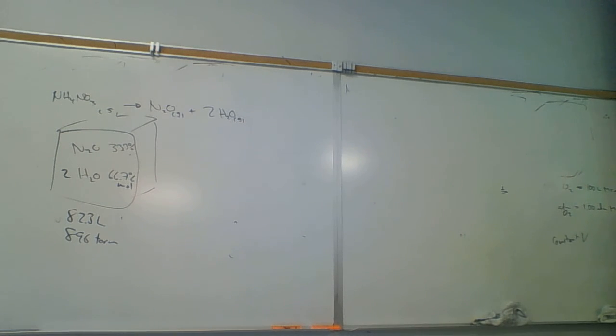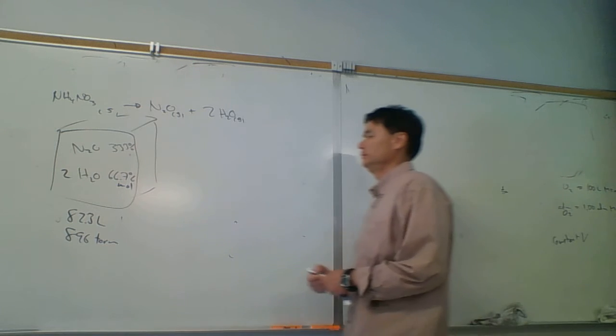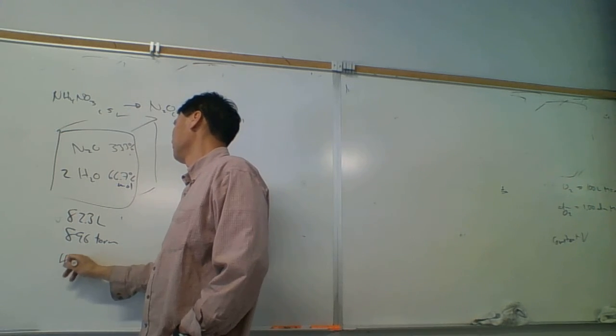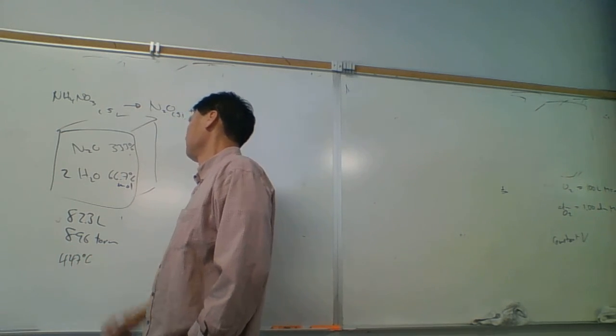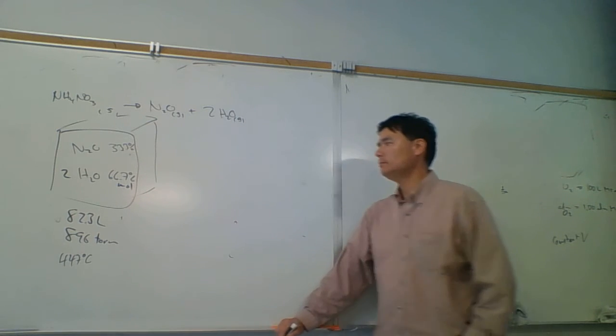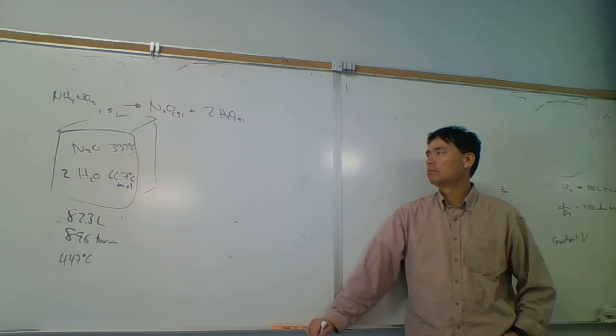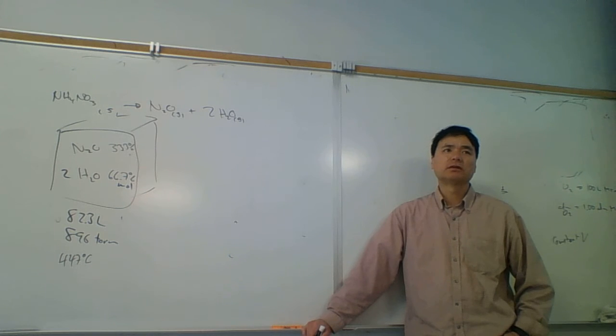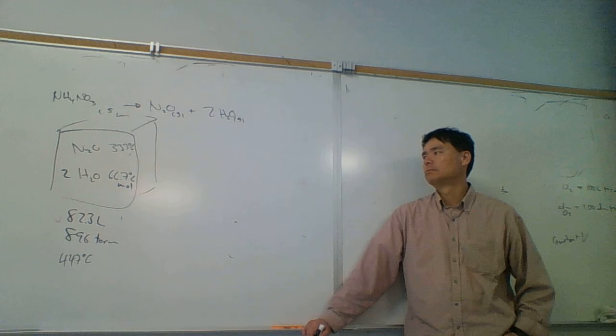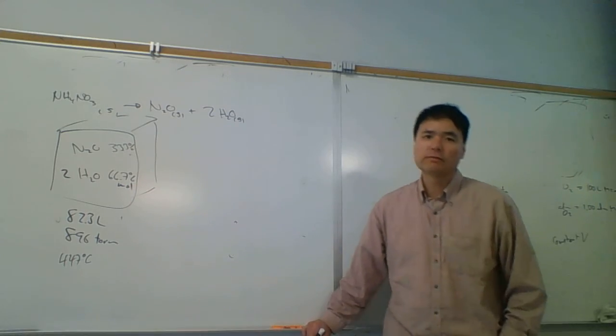Temperature for both gases will be 447 degrees C. So how much nitrous do I have? All right, why don't you figure out how much nitrous I have and then tell me.